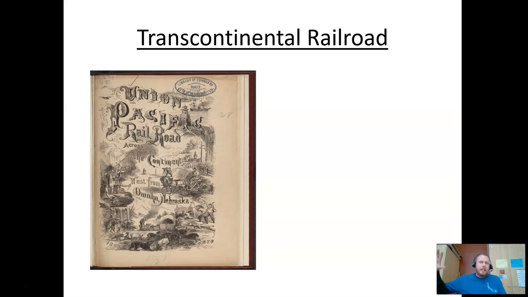We talked about trying to ship goods from the east coast to the west coast, and how you had to go all around the southern tip of South America, until the Panama Canal comes about and really cuts that trip by about two-thirds. So now we're looking at interior transportation, and the Transcontinental Railroad is the way it's done.